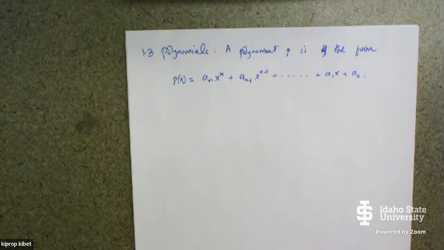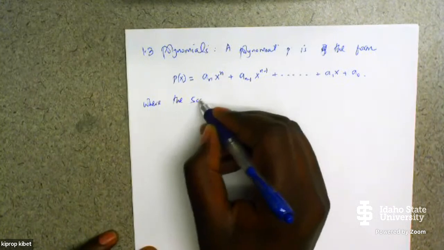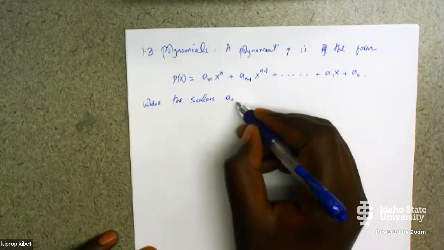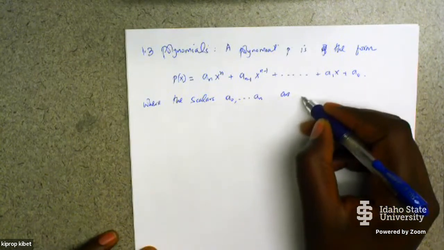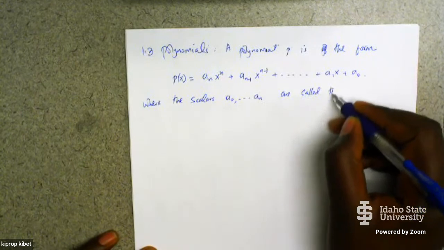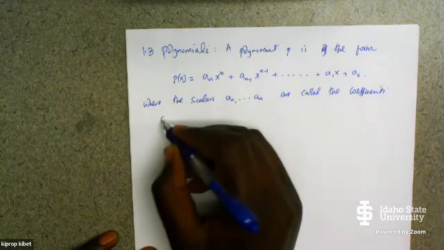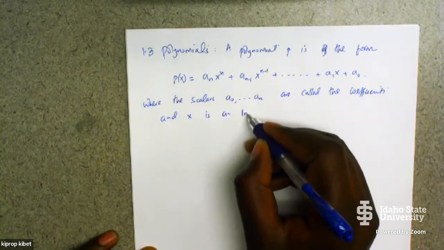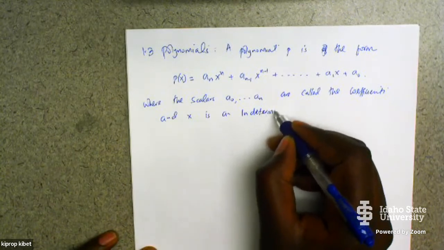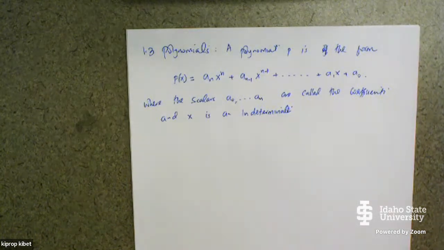So that is a polynomial where the scalars a_0 all the way to a_n are called the what? Coefficients. And our x is an indeterminate.